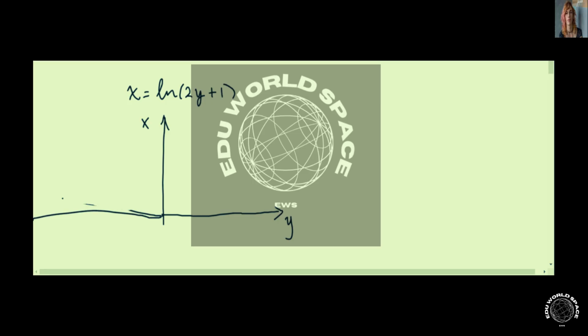For y equals 0, we have 0 plus 1, so the natural logarithm of 1 is 0, so it's going to have the point (0, 0), and then we have this curve for y between 0 and 1. So this curve is like a natural logarithm curve that is displaced by minus 1 half, should be like over there at minus 1 half, so the curve is going to look something like that.